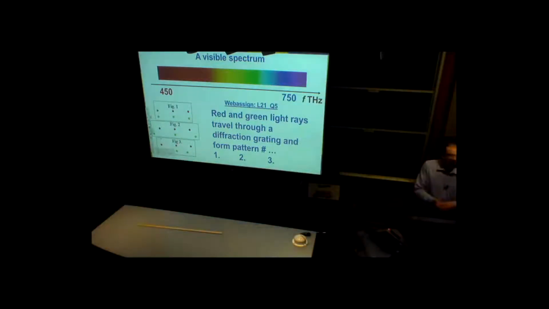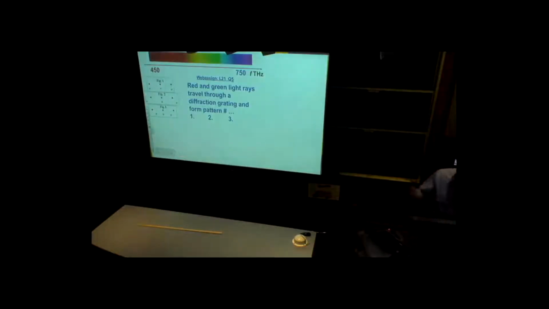wavelength and angle. If we write that equation, we have a diffraction grating, we have a screen, maximum, d times sine theta_m equals m times lambda.